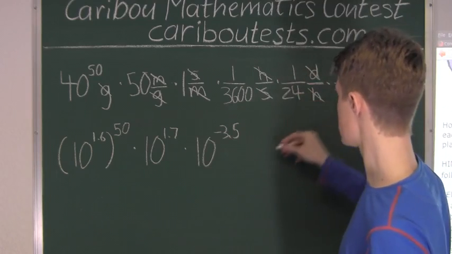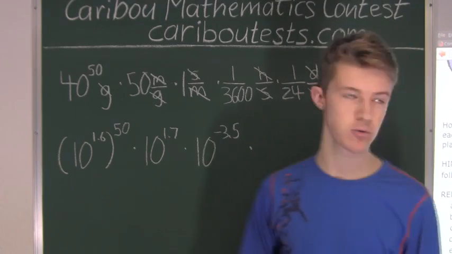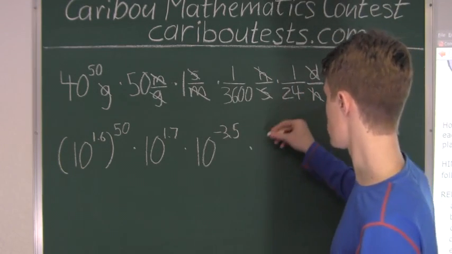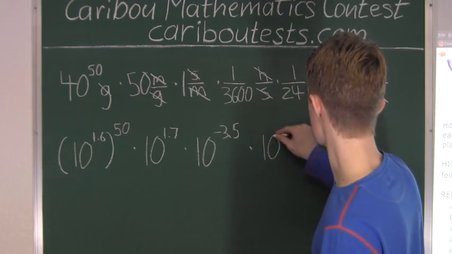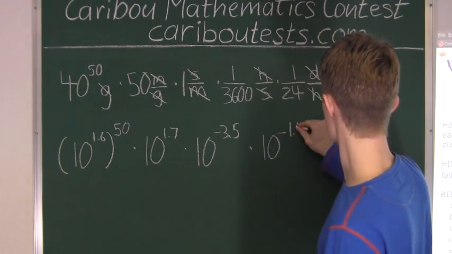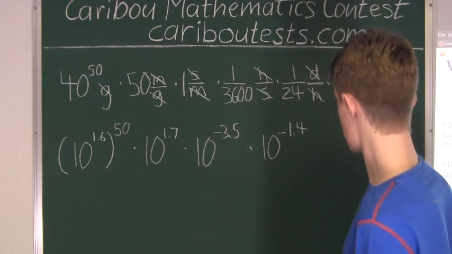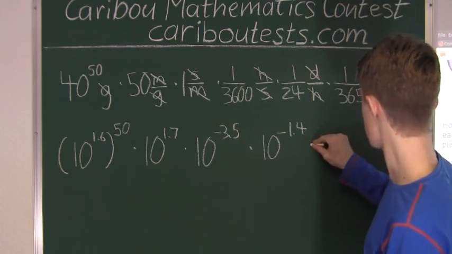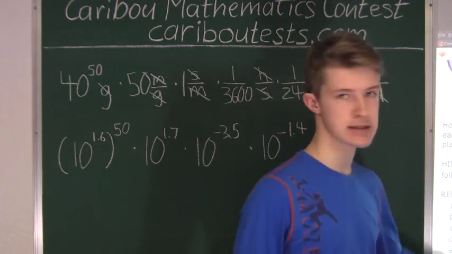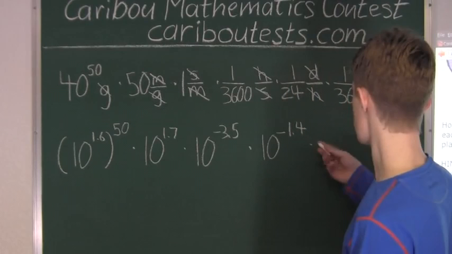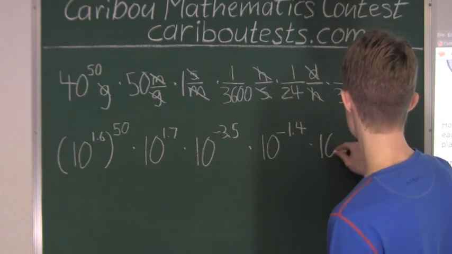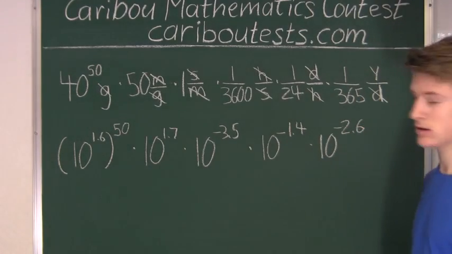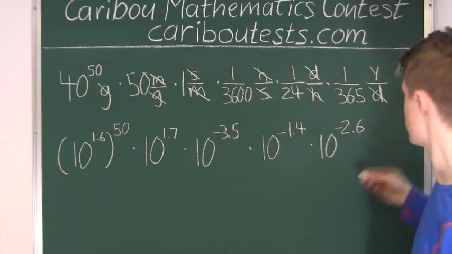Now we have times 1 over 24, and 24 is 10 to the power of 1.4, so we write times 10 to the power of negative 1.4. And then we have times 1 over 365. 365 is 10 to the power of 2.6, so we write times 10 to the power of negative 2.6, and then we have that in years.